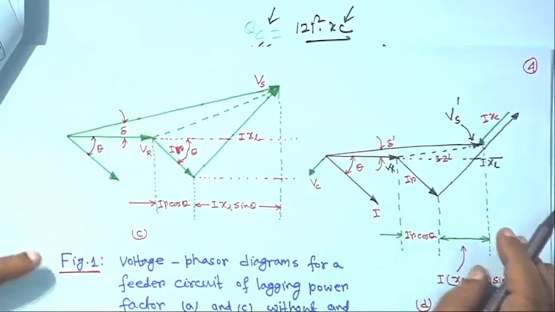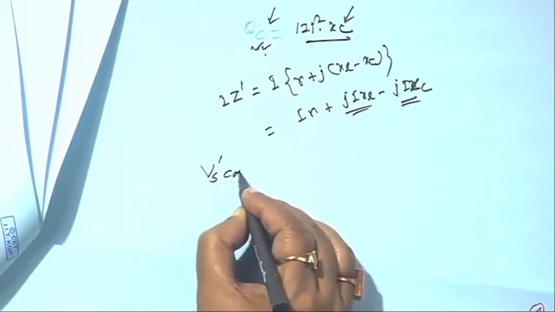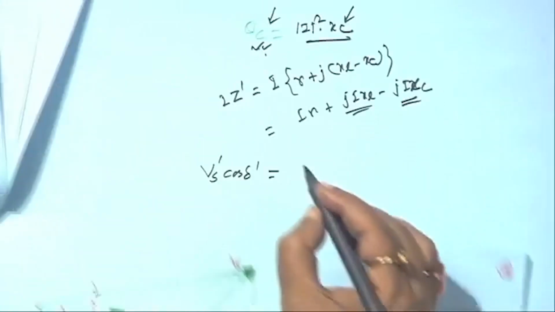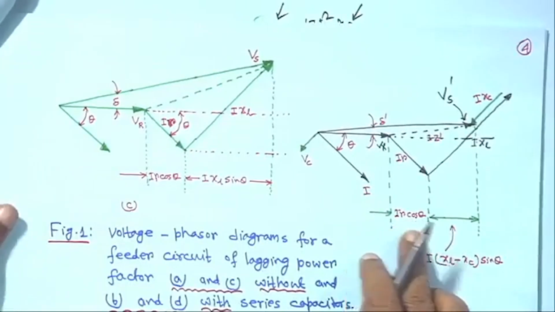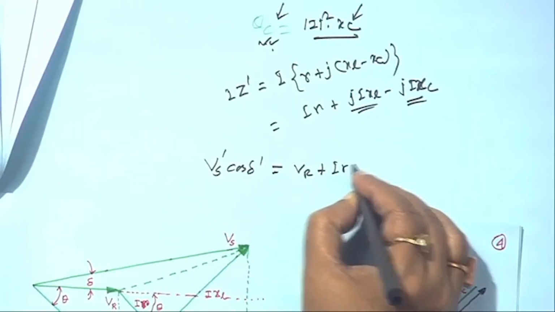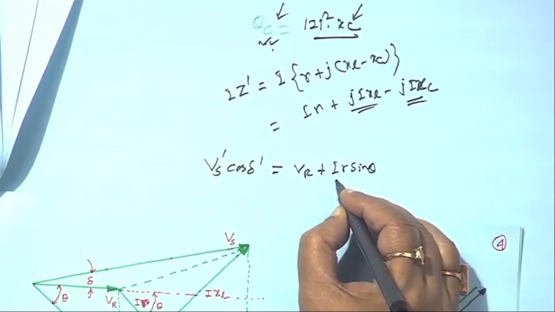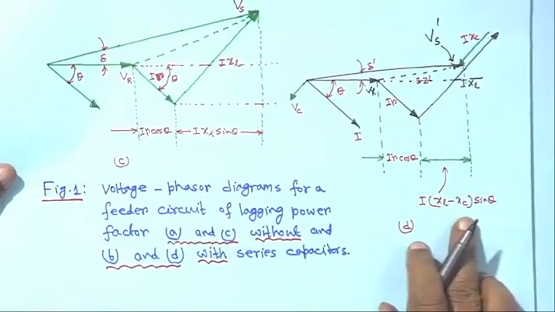So, Vs dash cos delta dash is equal to Vr plus Ir sin theta, when I am writing this I mean magnitude, right, understandable, plus this part I into (XL minus XC) sin theta.